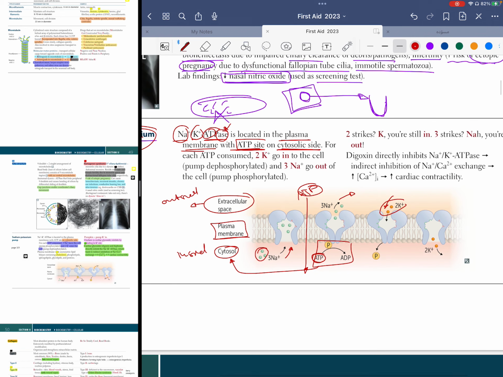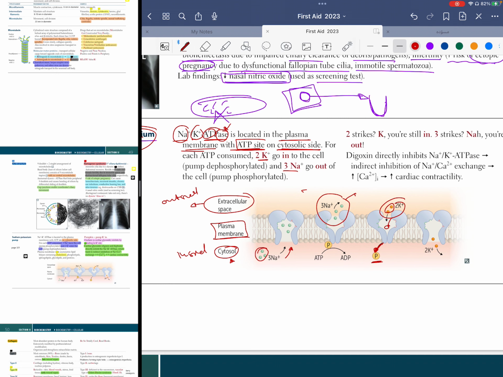Okay, so it says that for each ATP consumed, 2 potassium goes in. Makes sense over here. 2 potassium goes into the cell. The pump is dephosphorylated because when they come in, we lose this phosphate over here. It loses phosphate, and the free sodium goes out of the cell, and the pump is phosphorylated.